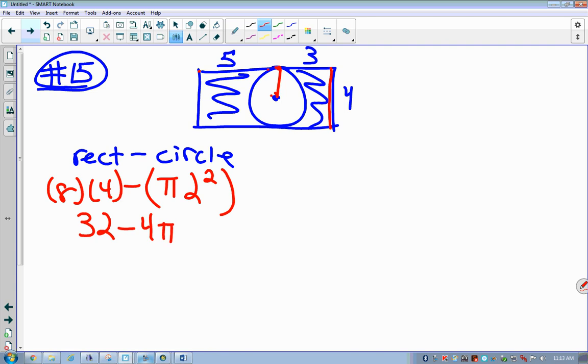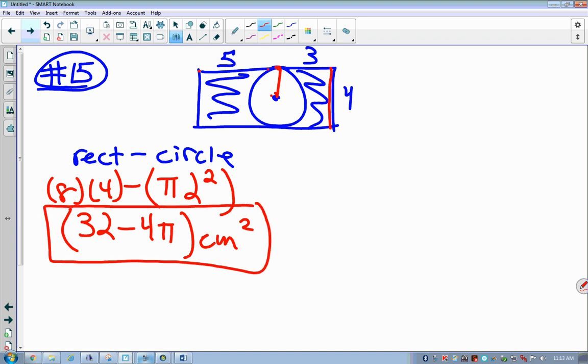And if you were trying to make it more complicated than that, that's it. I can't really simplify that any further. If you got a decimal, you need to check and see, is my decimal equivalent to 32 minus 4 pi? Because this should be in centimeters squared. This is my answer. Does this make sense? Okay.